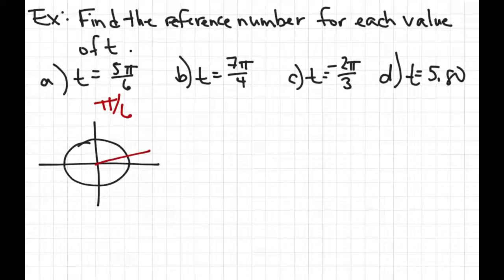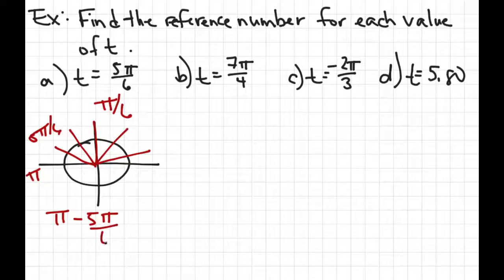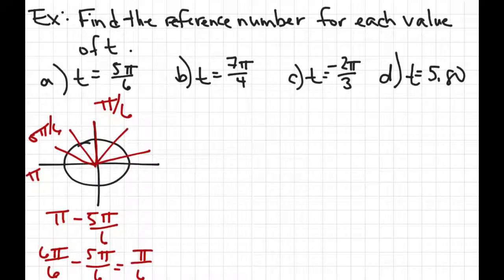Okay, 1 pi over 6, 2 pi over 6, 3 pi over 6, 4 pi over 6. Here's 5 pi over 6. Well, if that's 5 pi over 6 and this is pi, all you have to do is subtract them. This is going to be 6 pi over 6 minus 5 pi over 6, and you find that it's pi over 6, and that's the reference angle.